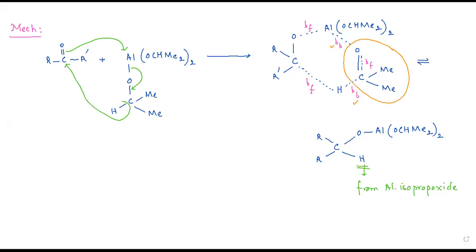So we end up with this, CH3, C double bond O, CH. So that is the mechanism of MPV reduction, wherein ketones are reduced into secondary alcohol.